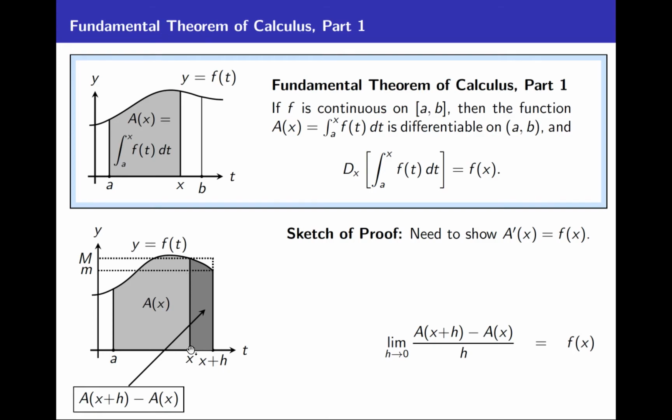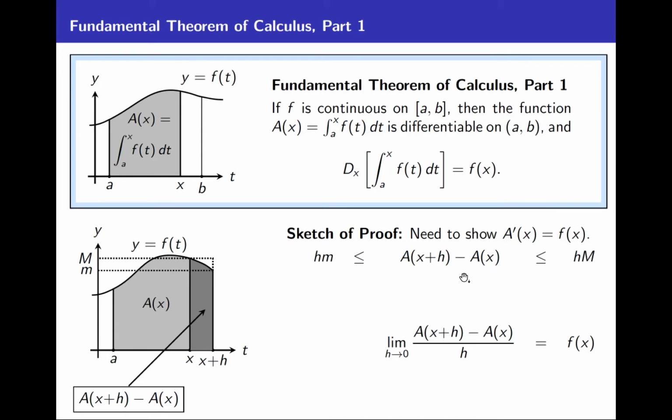So the area of this little rectangle is less than or equal to the area of the dark shaded region, which is A of x plus h minus A of x. So this little rectangle, whose area is base h times height little m, h times m, is less than or equal to the area of the dark shaded region, which is A of x plus h minus A of x.